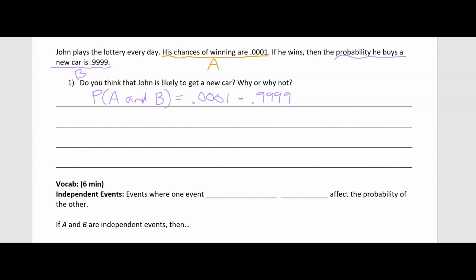And if we multiply those together, we end up getting a very, very, very small number. This turns out to be 0.0000999.